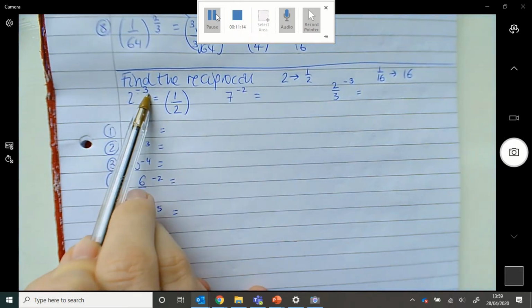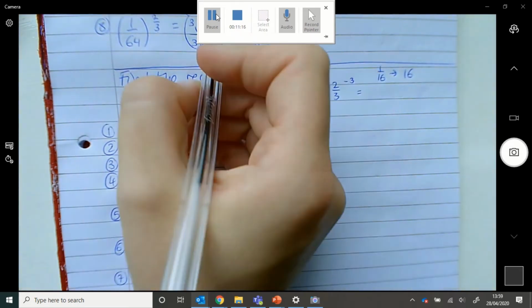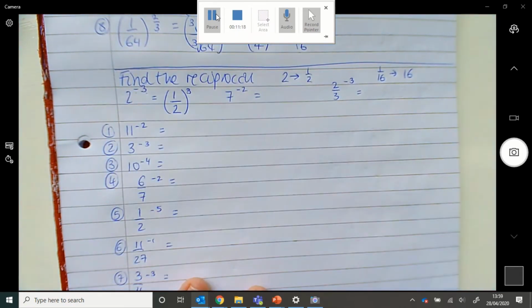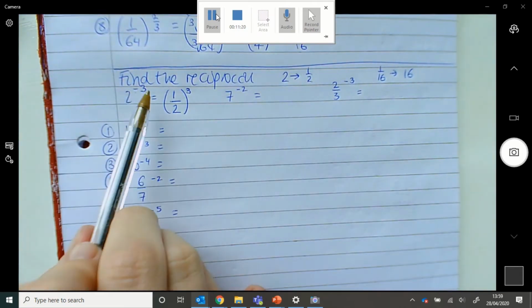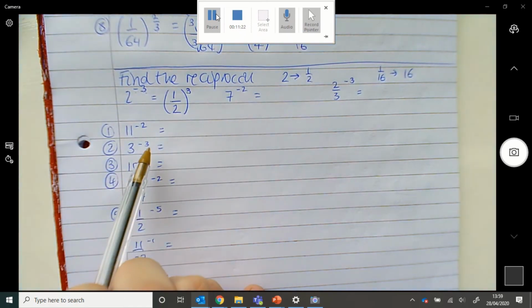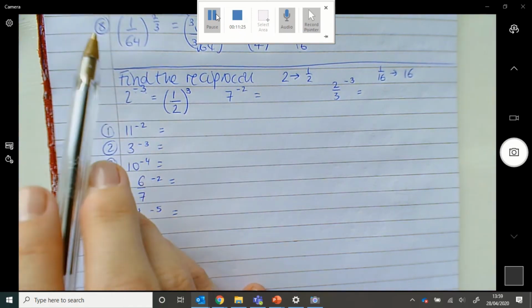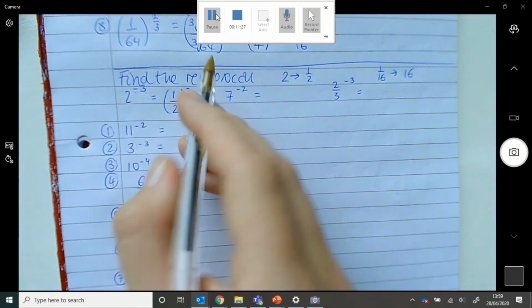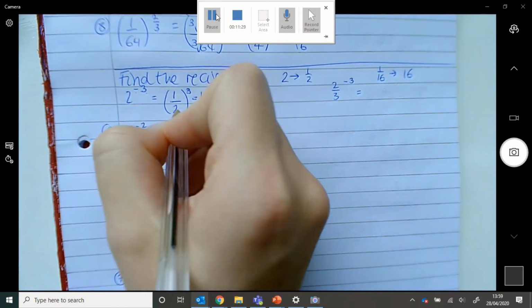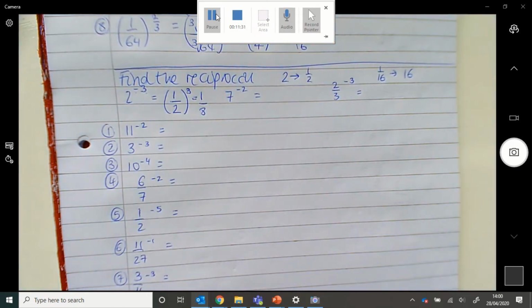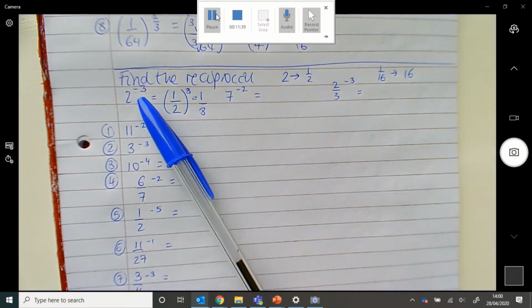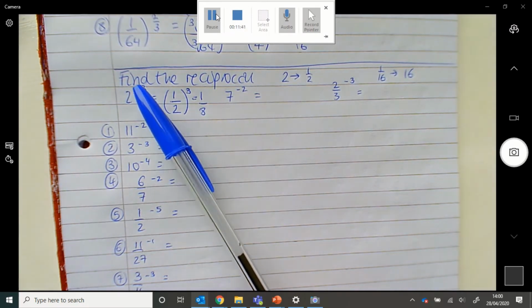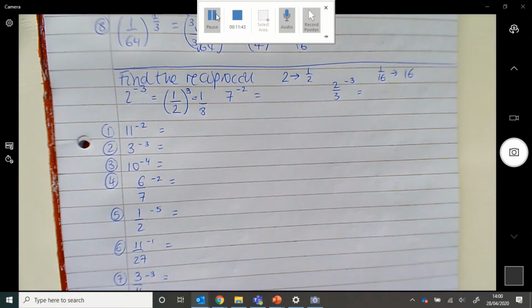I haven't yet used that power of a 3, so that still needs to be cubed. So I've used the negative part, there was no denominator to use, and then I've used the numerator of a 3. So I need to cube everything now. 1 cubed is 1, 2 cubed is 8, that gives me 1 over 8. So again, negative if there is one, denominator if there is one, then the numerator. I use the negative first, there wasn't a denominator, and then I use the numerator of a 3.